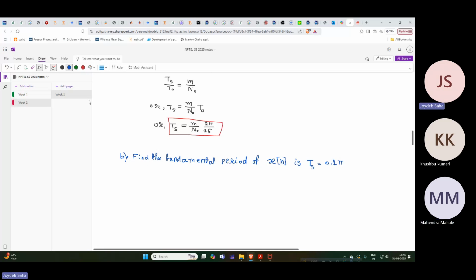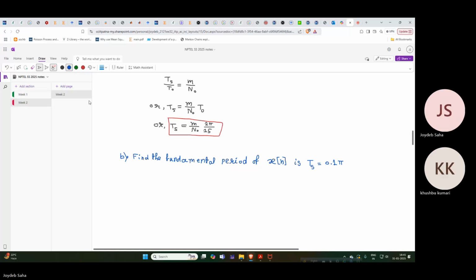So I hope you people can solve this problem. Take 1 or 2 minutes. This is nothing, just a 2 minute problem. Everything is given, Ts is given. You have to calculate the fundamental period of x(n), that means N0. Using this, you can calculate. We know the relationship between Ts and N0. Ts is given, N0 we can calculate. And for the fundamental period, m will be 1, right? I have given the hints also.